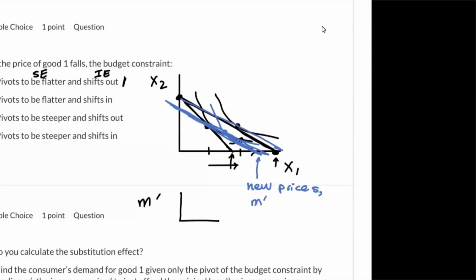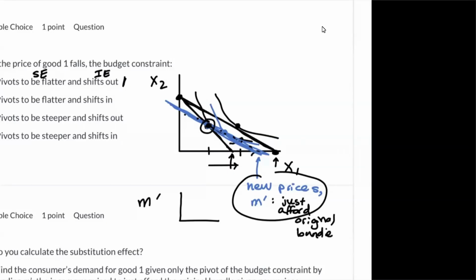We have to back our purchasing power up to say our purchasing power held constant, we can still afford this original bundle. What is our choice given these new relative prices? So new prices and M prime, which is we can just afford the original bundle.